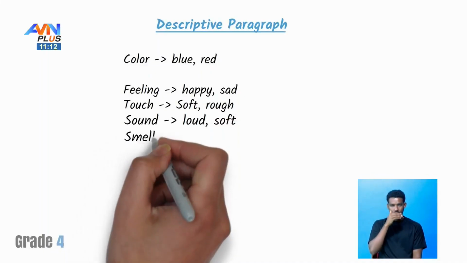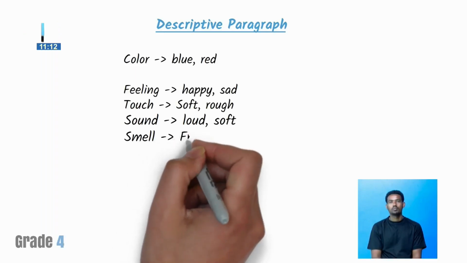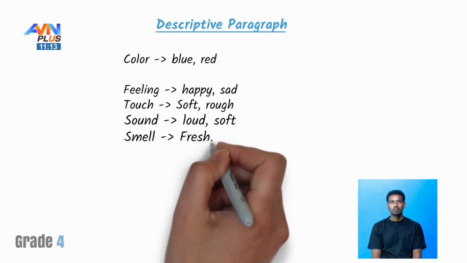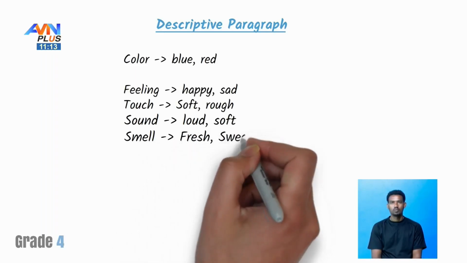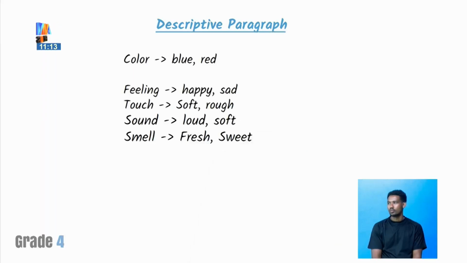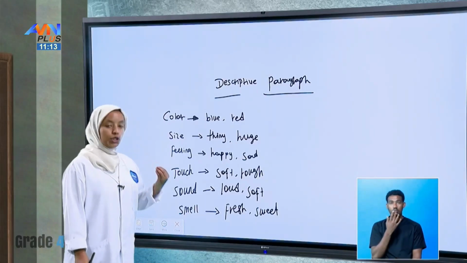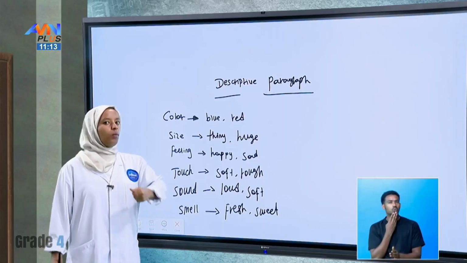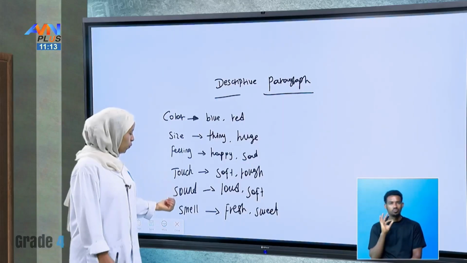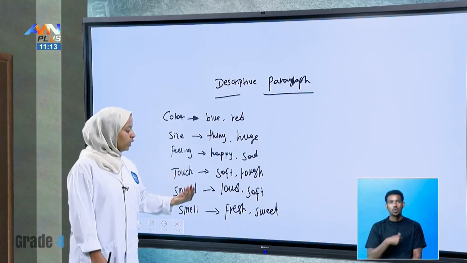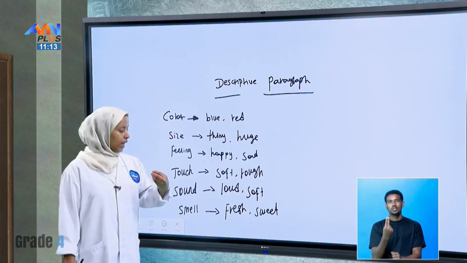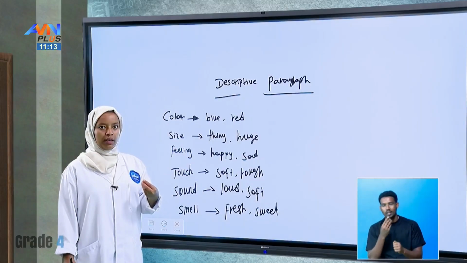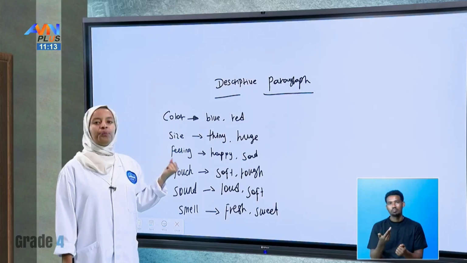Smell: fresh, sweet. Here is an example of smell. We can say fresh, and it smells sweet, it smells delicious. And also we can use taste, for example sweet and yummy and also delicious.